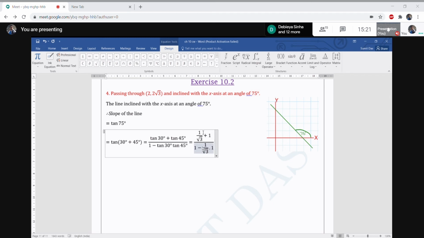If you simplify this one, it will be square root of 3 plus 1 divided by square root of 3 minus 1.